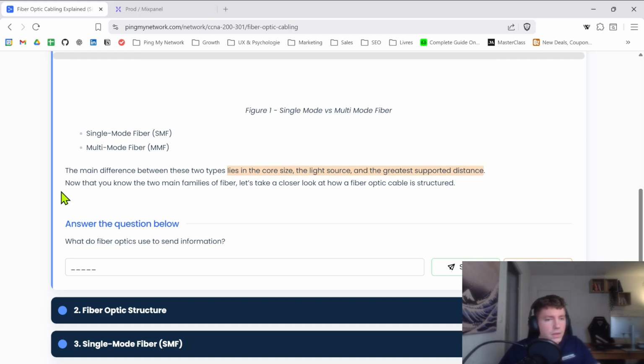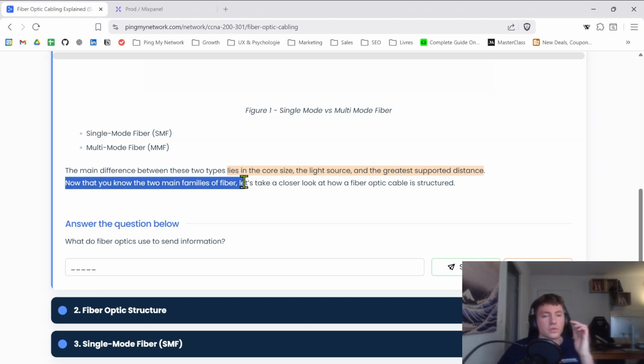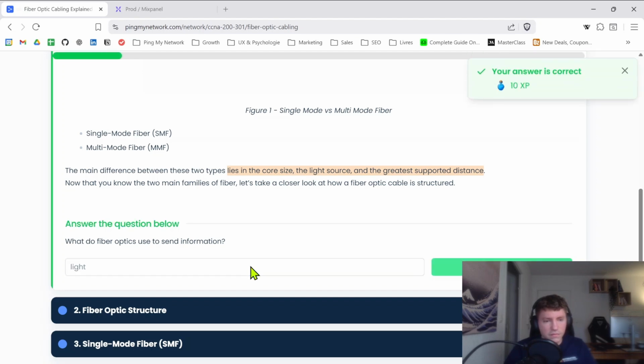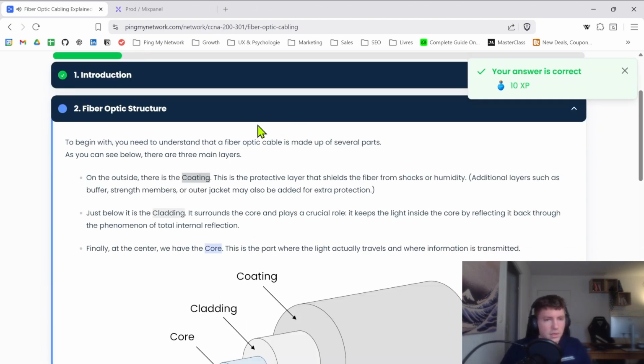Now that you know the two main families of fiber, let's take a closer look at how fiber optic cable is structured. What do fiber optics use to send information? So light, in 5 characters.